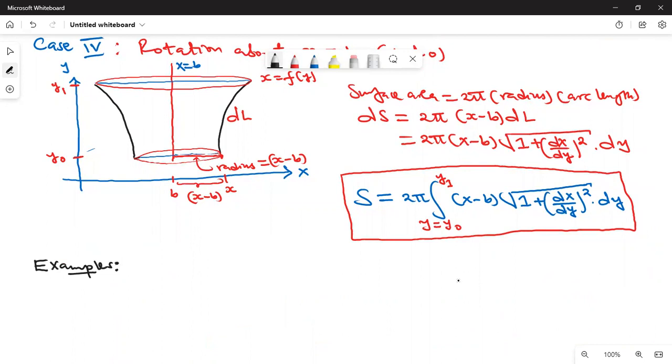And number 1, you are asked to work out this problem.